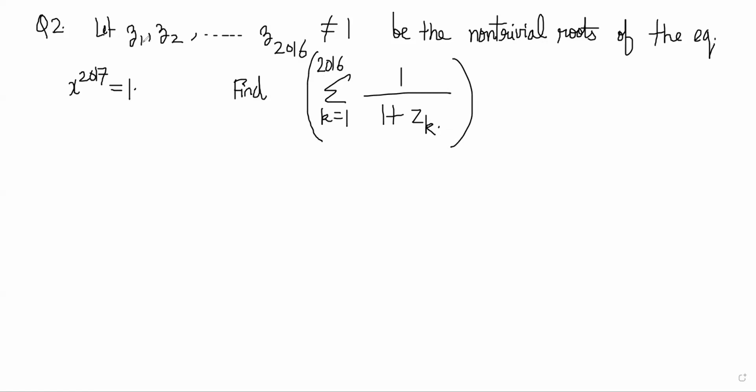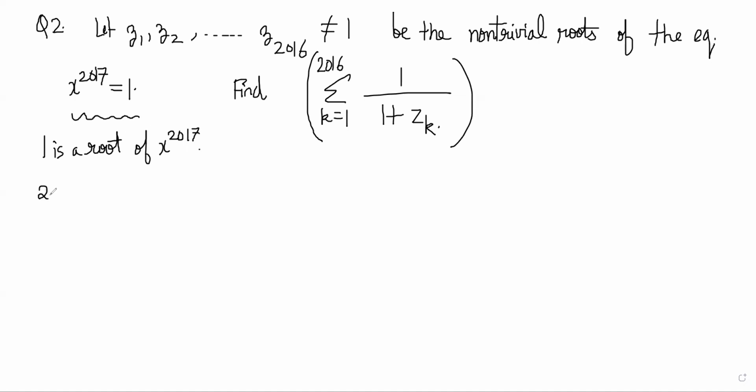These are the complex roots, the non-trivial roots of the equation. We have to find the sum of 1 by 1 plus zk for all of those non-real roots. Now, you have to realize that 1 is a root of x power 2017, and the total number of roots must be 2017, and 1 is one of the roots.